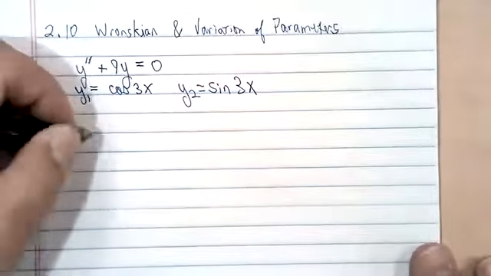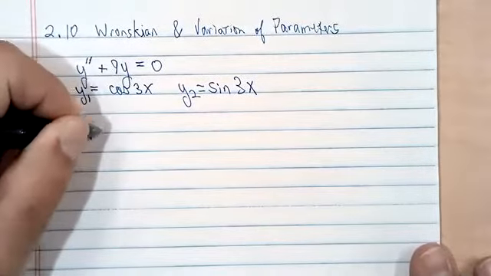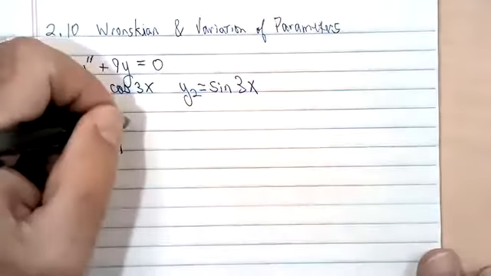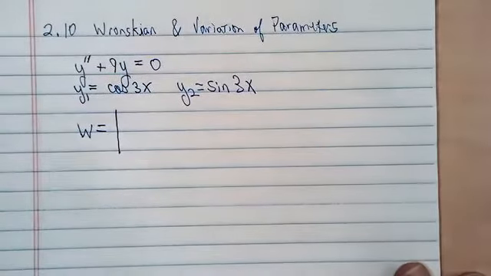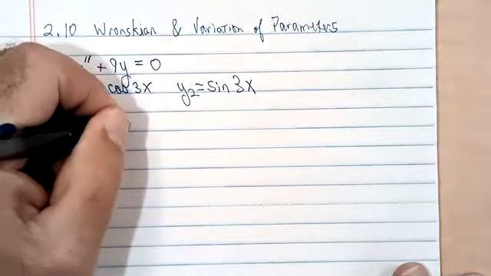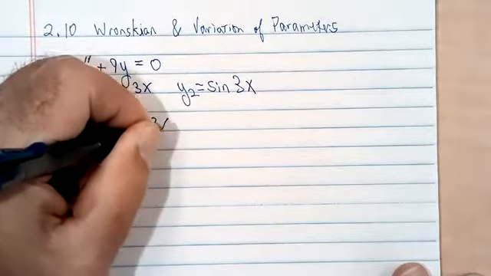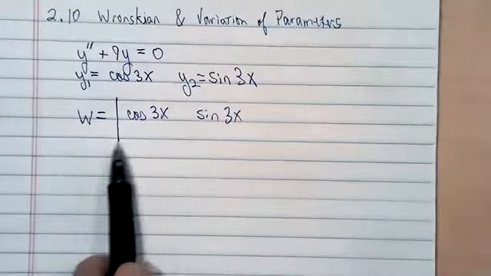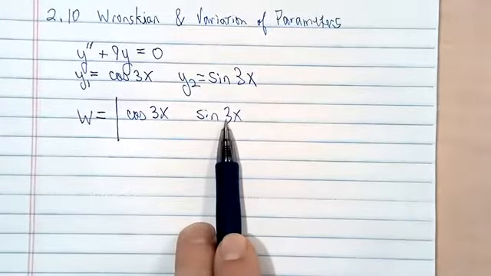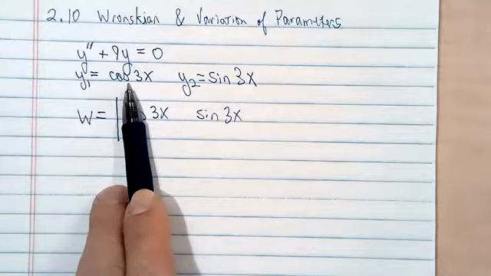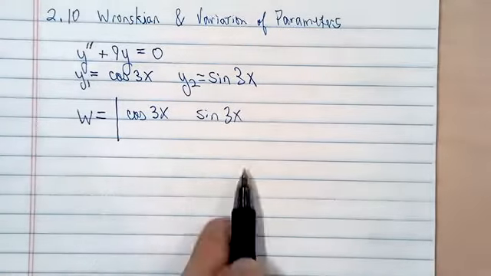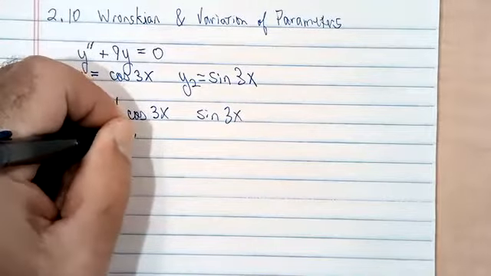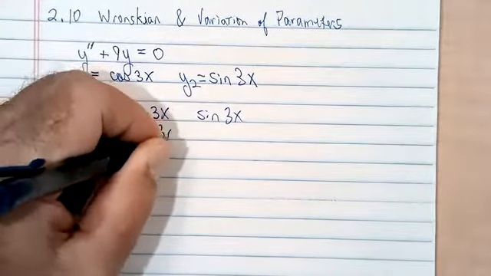So there is a way of telling with a quick calculation, though, whether two functions that are solutions to the same differential equation are linearly independent or not. You compute this determinant. First of all, the first row of the determinant is just the two functions, cosine 3x, sine 3x, and then for the second row, I put their derivatives. So the derivative of cosine 3x is minus 3 sine of 3x.